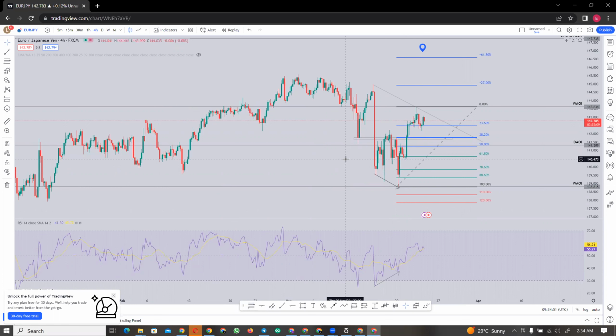Not so much. Where these consolidations here. Let me just mark it. The market might come down. Okay. If you go to lower time frame, this will be a zone.